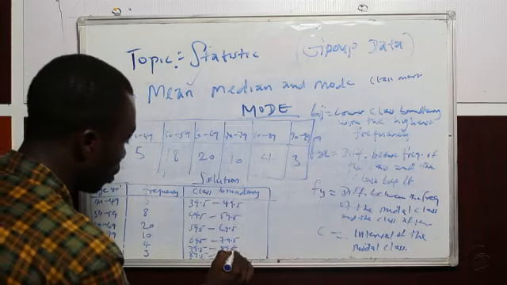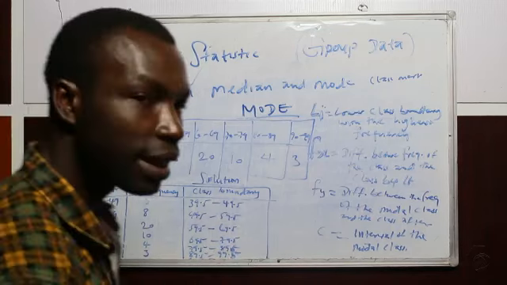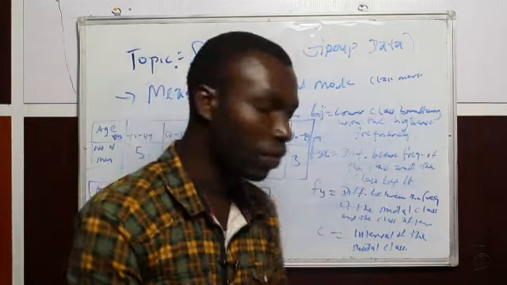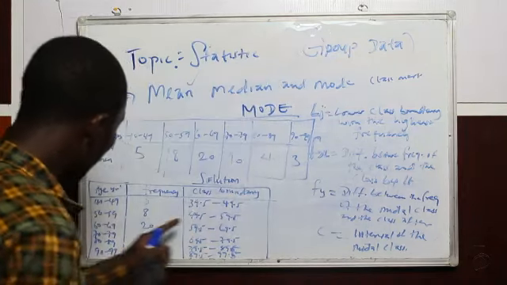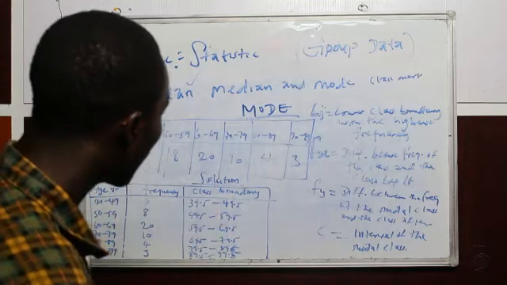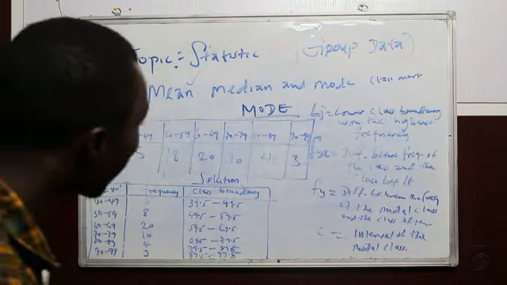So ensure you write it down so that you can get it right and listen to me very well. Good. This is our class boundary. We can now substitute into our formula.